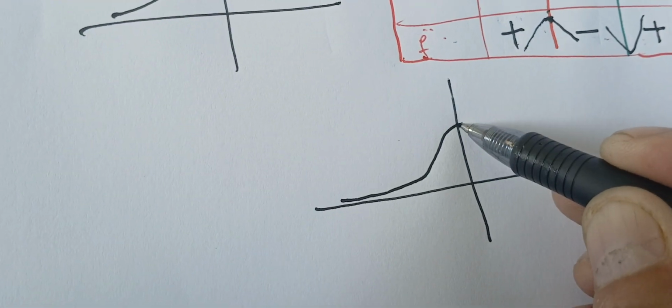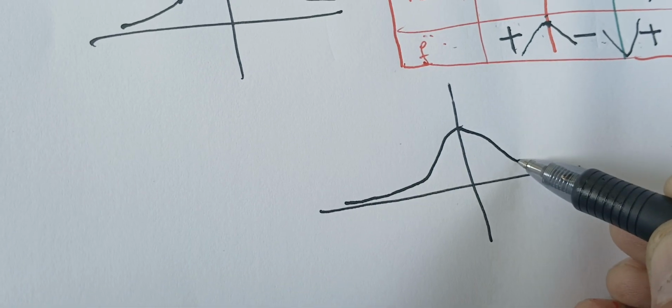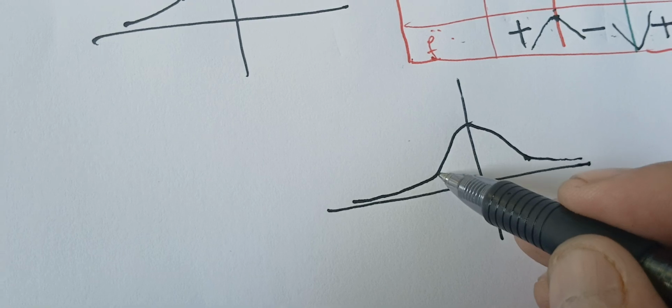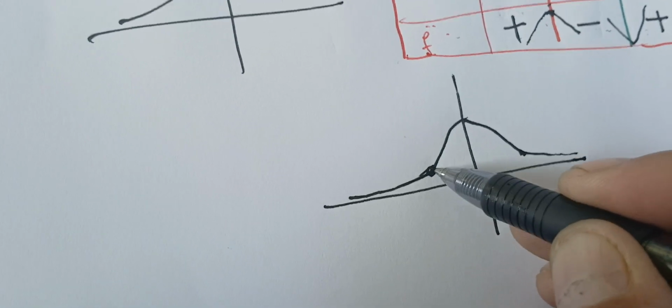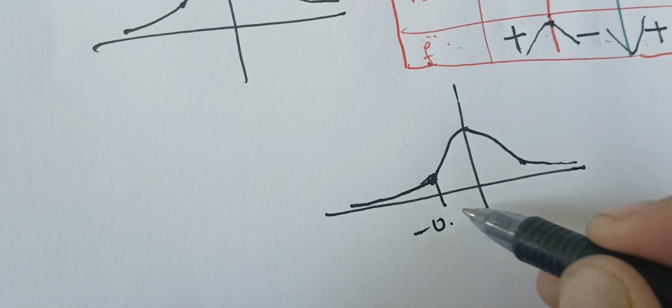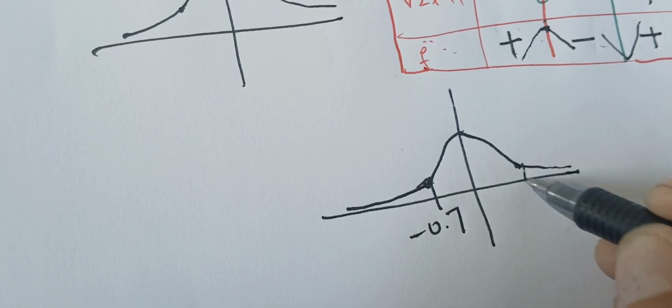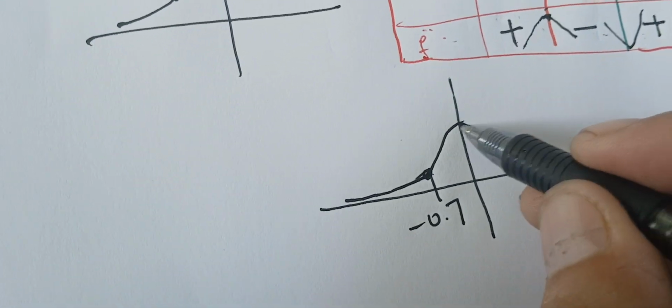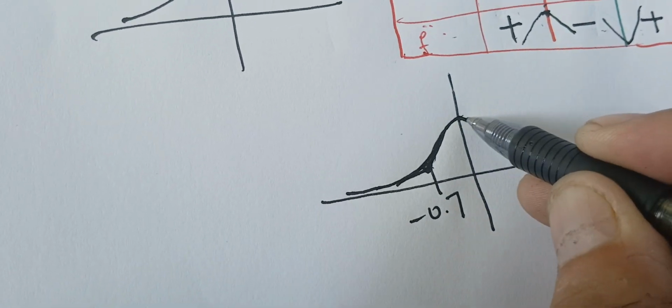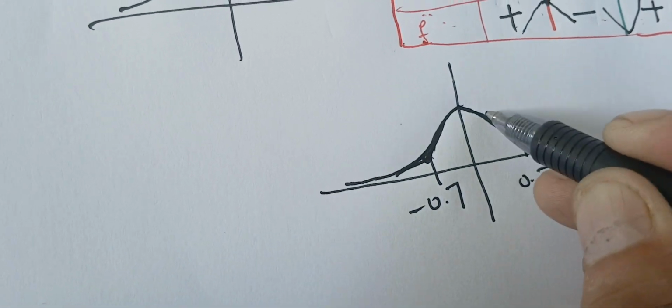I will try my best. I'm just doing this to make sure that we get the inflection points here. Minus square root of 2 over 2 is about minus 0.7, and this is 0.7. So let me go and do it here.